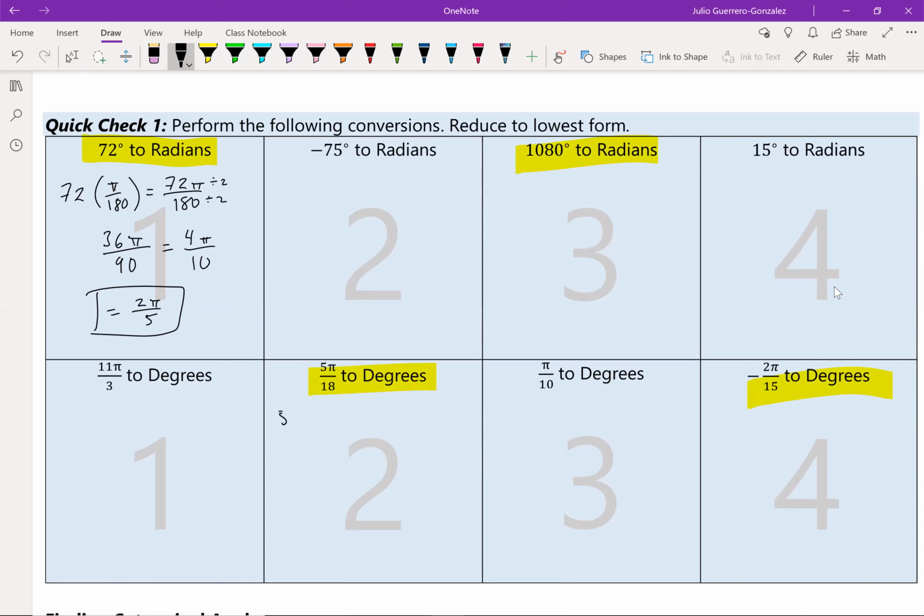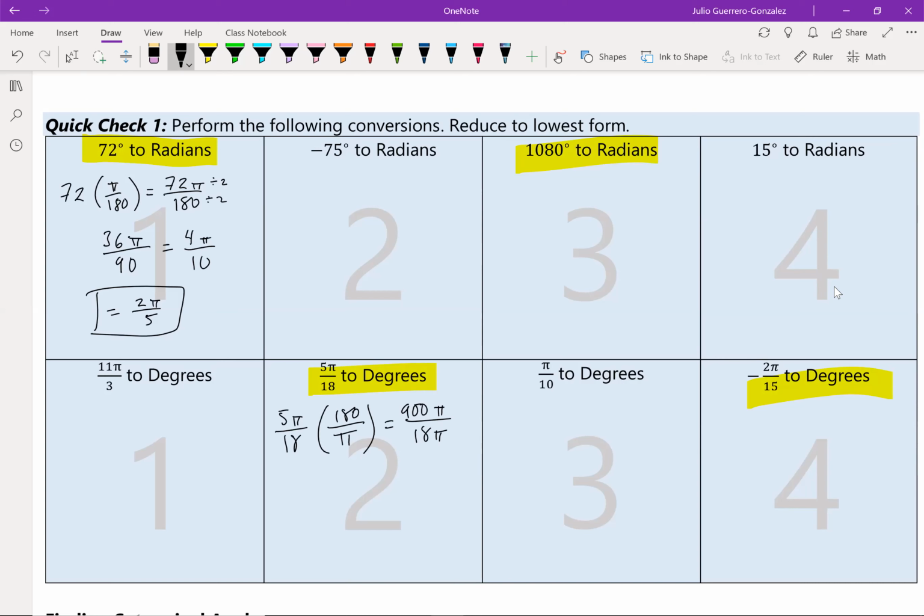Right, so then 5 pi over 18 times 180 over pi. 5 times 180 is going to be 900 pi over 18 pi. Now, if you did it this way and you reduced, that's perfectly fine, right?